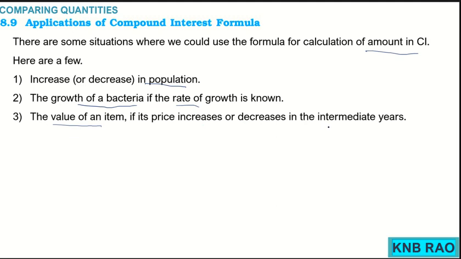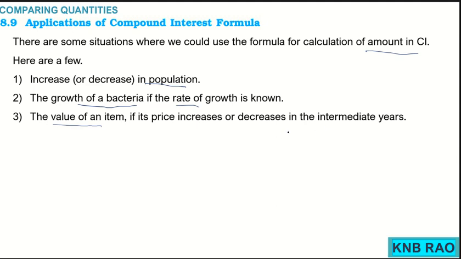For example, when someone purchases land, they look for profits, and the appreciation of land price normally will be in compound form.